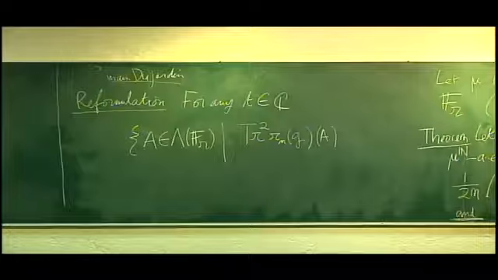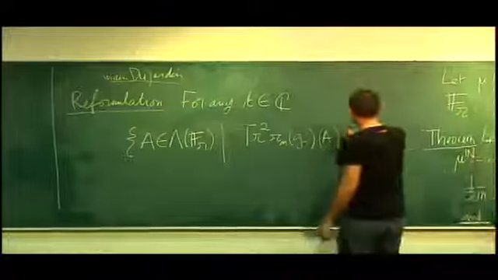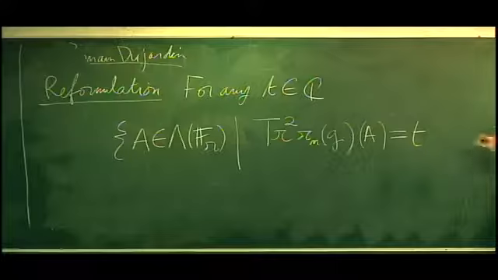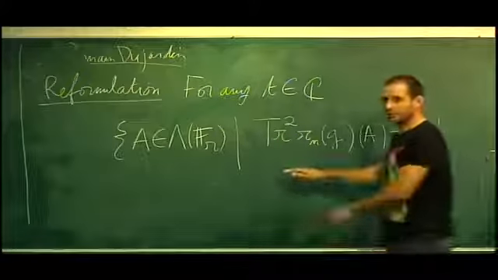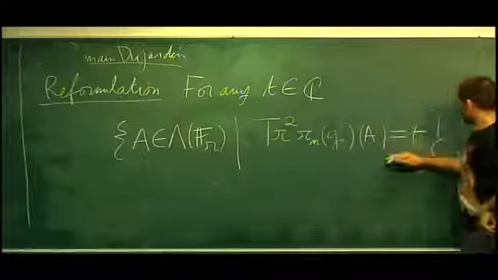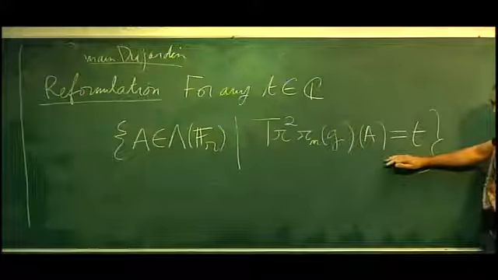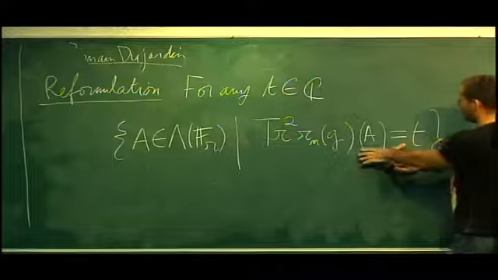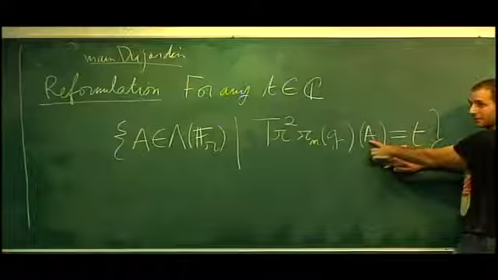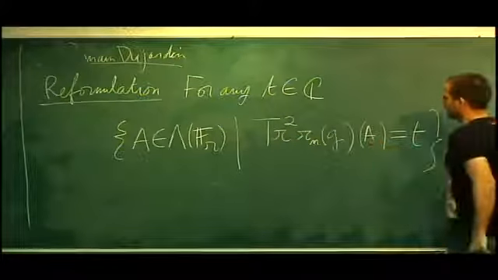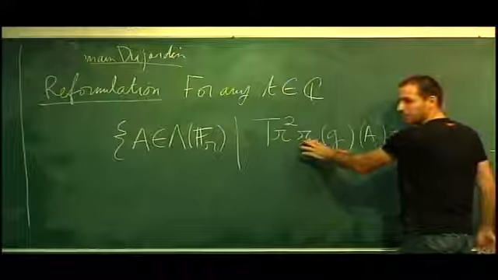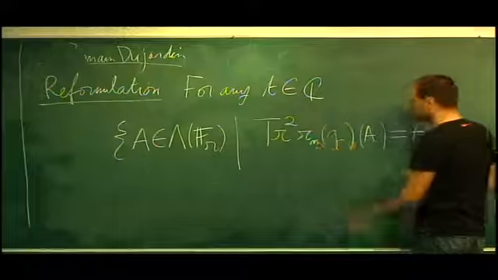So you take that, and you want this to be equal to T. Consider that this is a codimension 1 submanifold of the set of representations, because this is a holomorphic condition in A, which depends on a random word of length n.